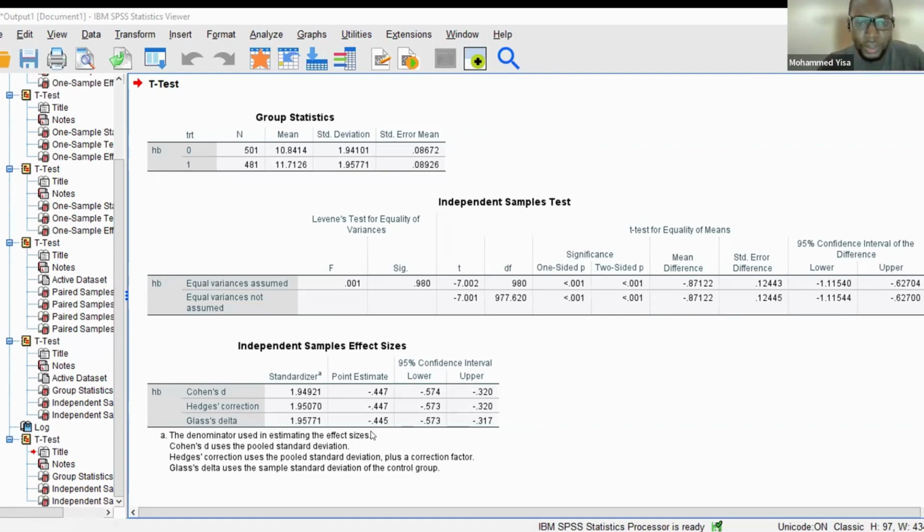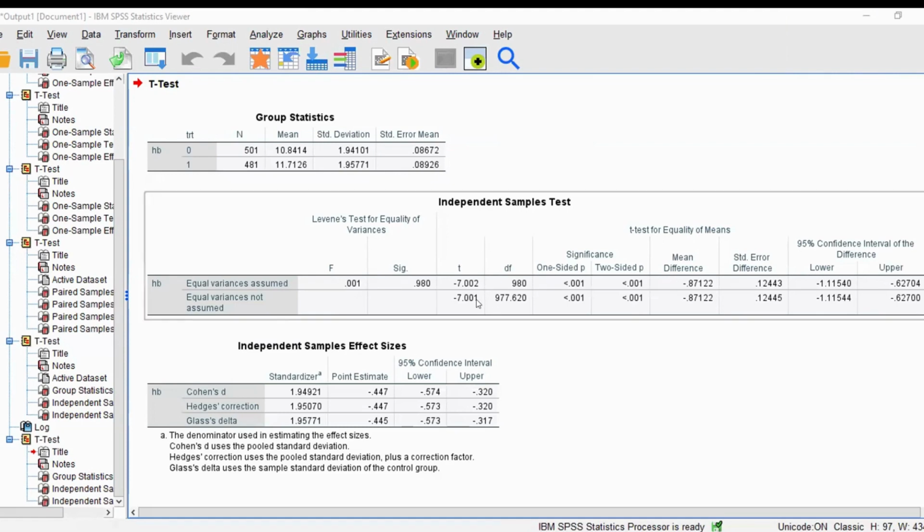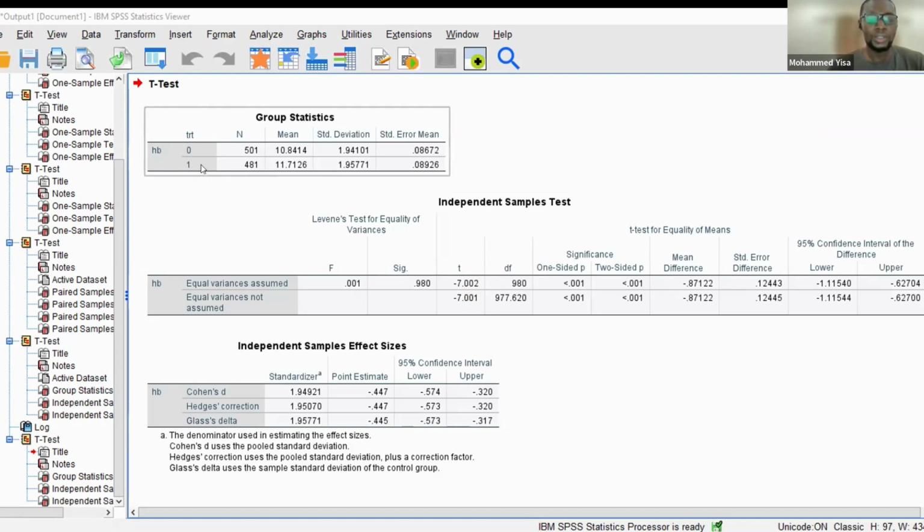Comfort, do you understand my explanation now? You are asking about why the increase is negative. Yeah, I don't understand that too. Why the increase is negative? Okay, the reason why it is negative is because we used the treatment group as group 1, which was subtracted from group 0.